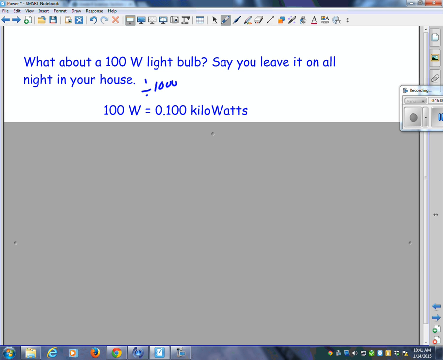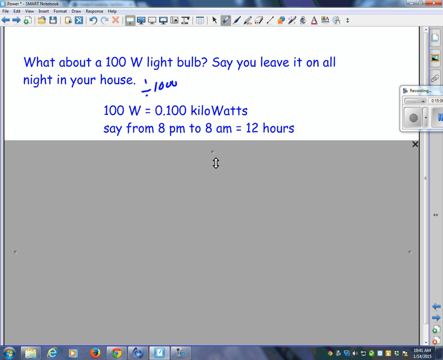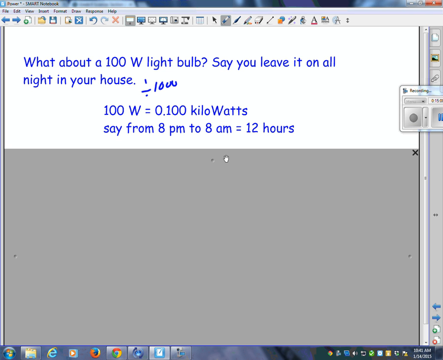The cost is power multiplied by the time. It says you leave it on all night. We're going to have to estimate. All night, I'm going to say 12 hours. Just an estimate, right? Doesn't have to be 12. It could be 11.97. It's an estimate. Say from 8 p.m. to 8 a.m. Let's say 12 hours.